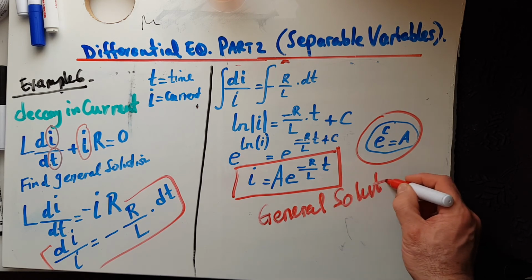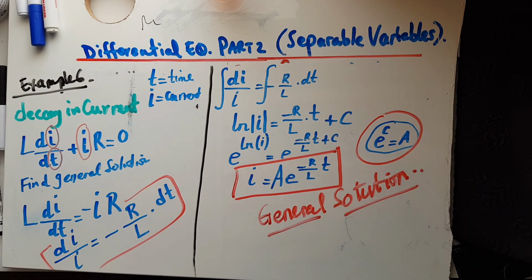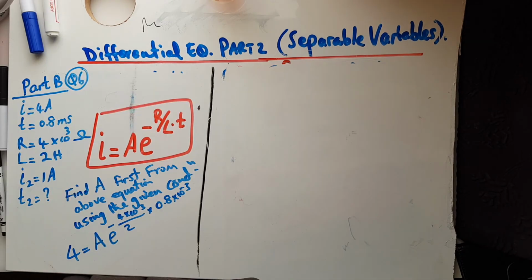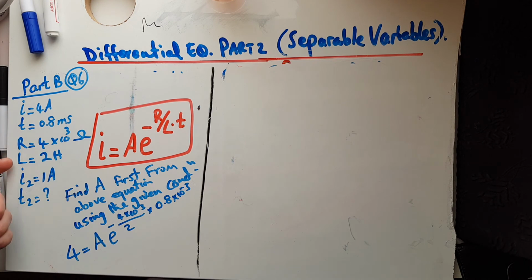In part B, we are supplied with more information and we need to find a more specific solution. We are given these conditions: I is equal to 4 and t is equal to 0.8 millisecond, and the constants are given as well.